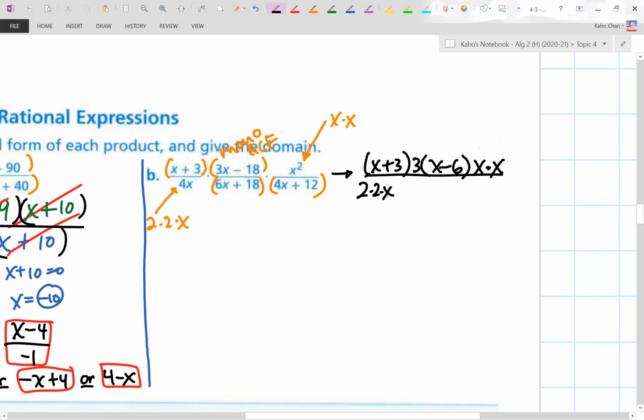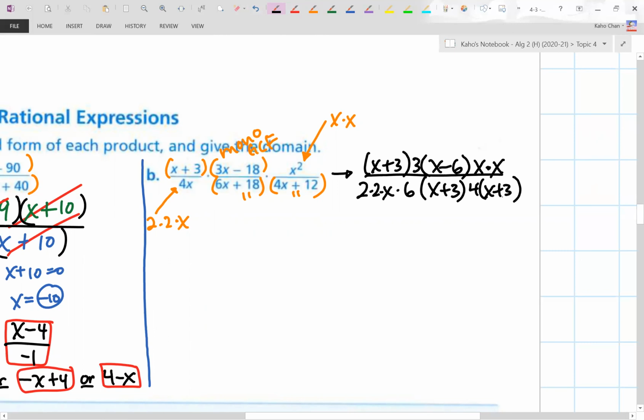And we have a 6x plus 18. That's also a monomial GCF as well. And then the last one as well. Okay. And I can take out a 6 there. And that leaves me with an x plus 3. And the last one, I can take out a 4. That leaves me with an x plus 3.